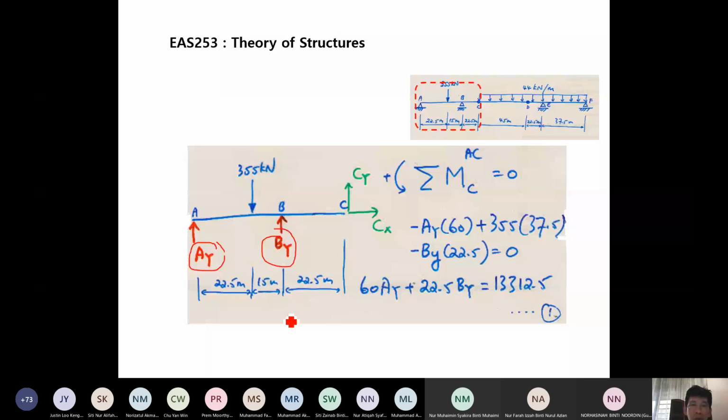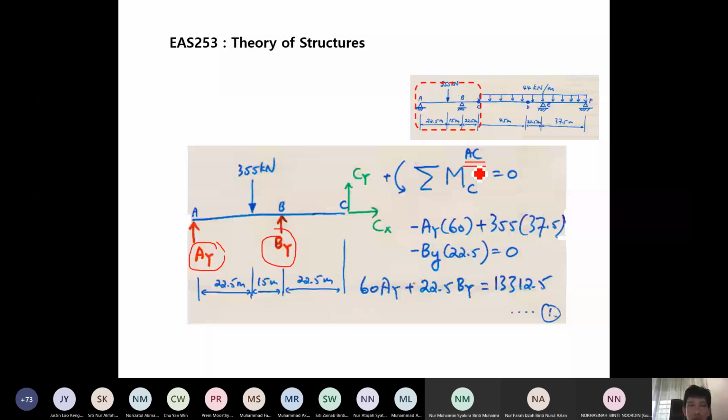So now there are 2 unknown forces. If we follow the same procedure, you take moment at the hinge and make it equal to 0, but we put this superscript AC here because, as in the previous example, we consider only part AC.